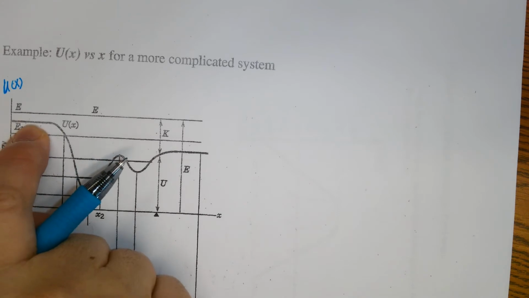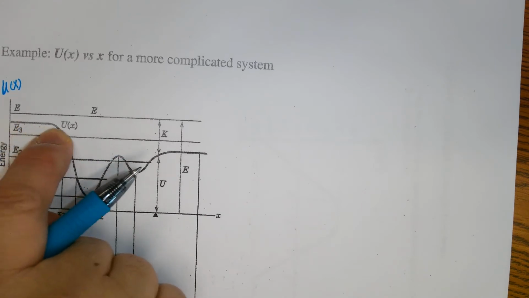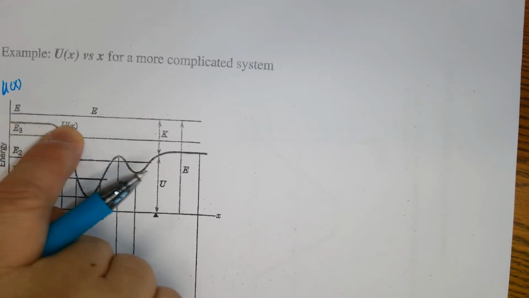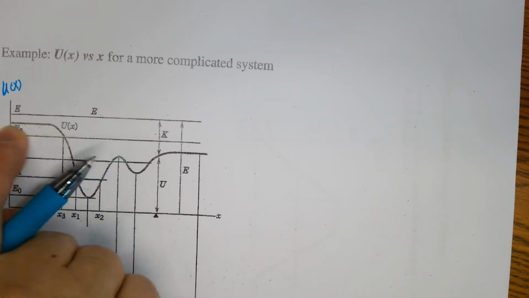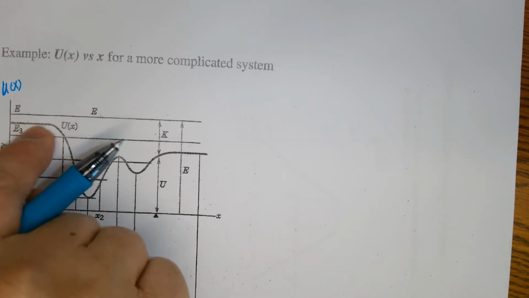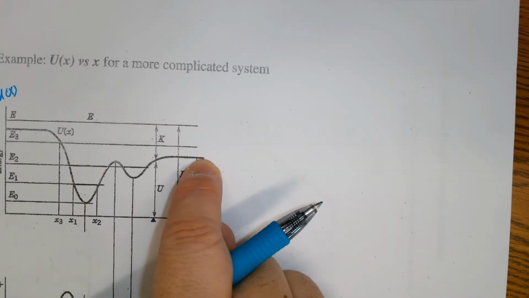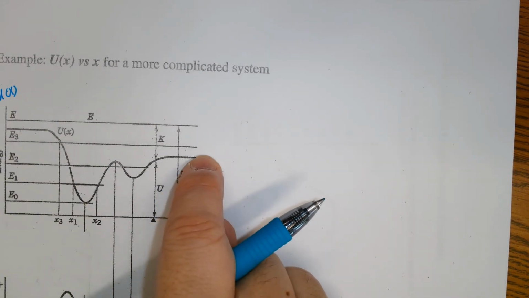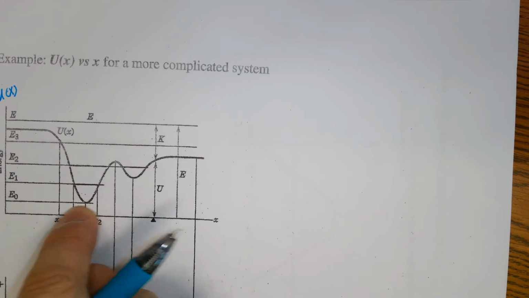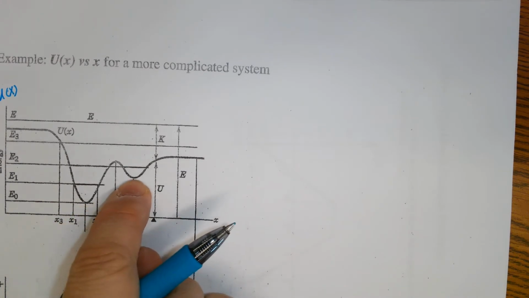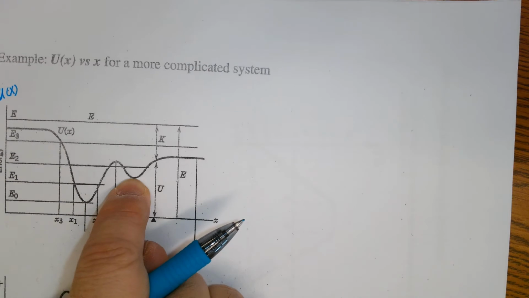Think about the slope of this. Slope of this is 0, right? So the force is 0 when the slope is 0. Here, slope is 0. Force is also 0. Here, the slope is 0. Here, the slope is 0 instantaneously, right?